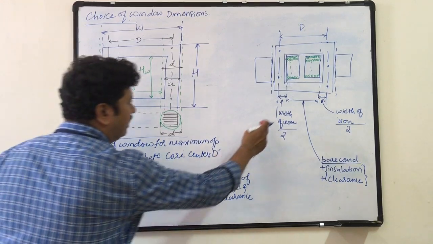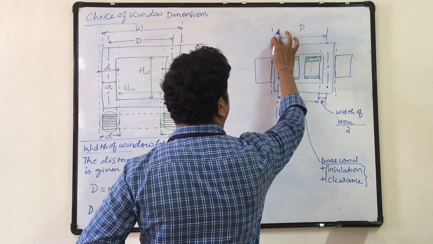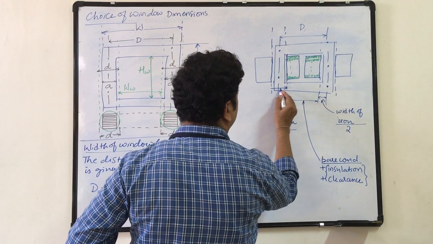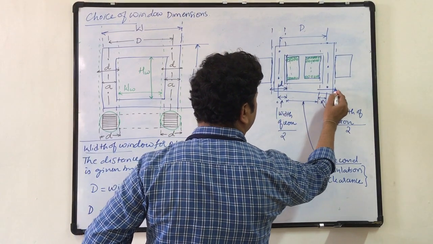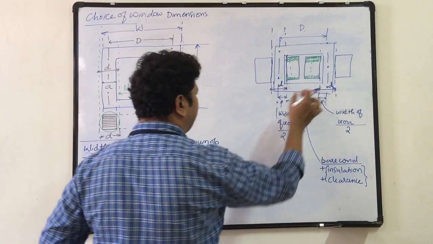So what is width of iron? This is nothing but my D. This is D. This is also D. So half of this width plus half of this width.